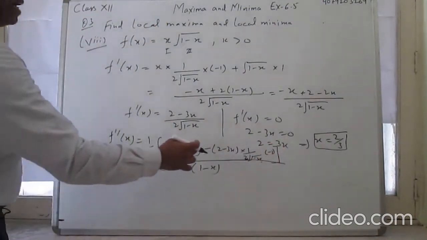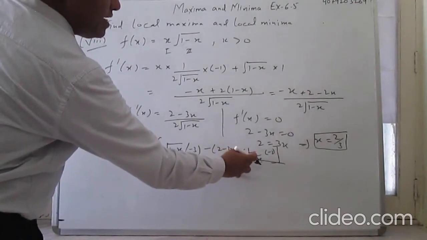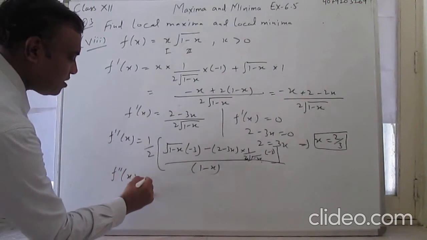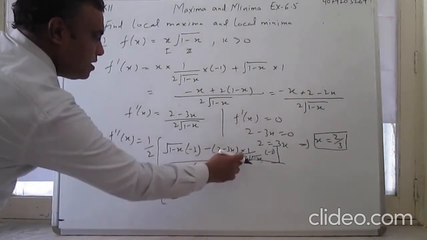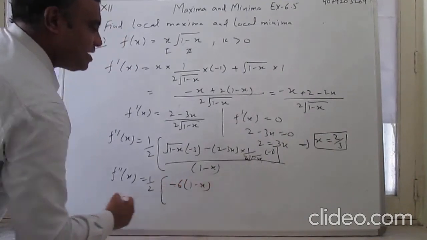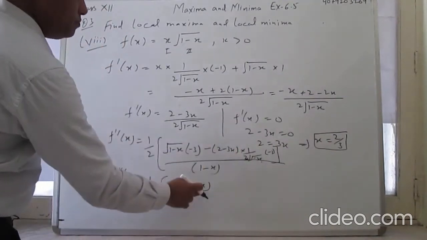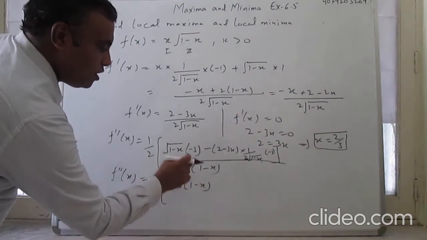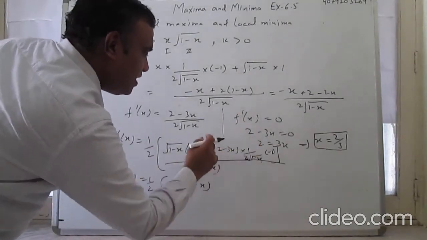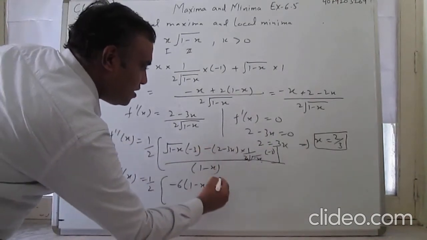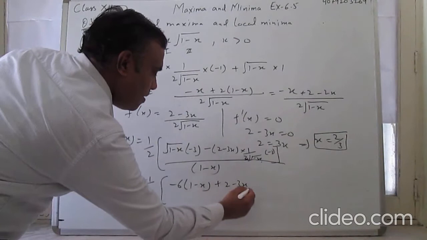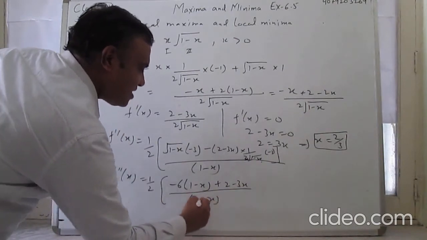Now take the LCM, 2 root 1 minus x. So it becomes f double dash x is equal to 1 upon 2. Taking the LCM, minus 6 bracket 1 minus x. Root becomes square, so the root goes away. So it is minus minus, this minus is plus, plus 2 minus 3x upon 1 minus x.